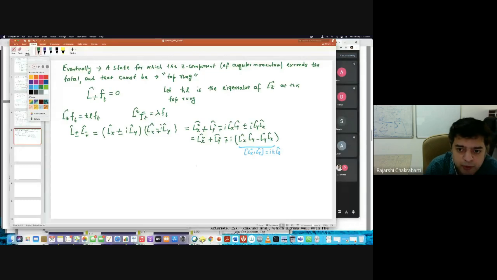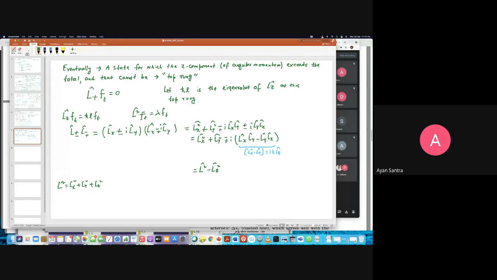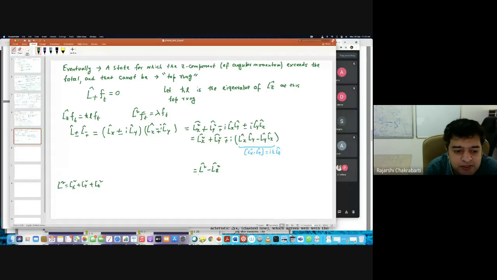So Lx square plus Ly square, can I write it like this? L square minus Lz square? I can write, because your L square is, you know this. Sometimes I just change this cap and square.